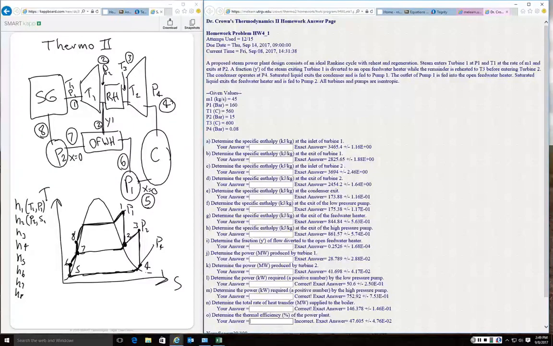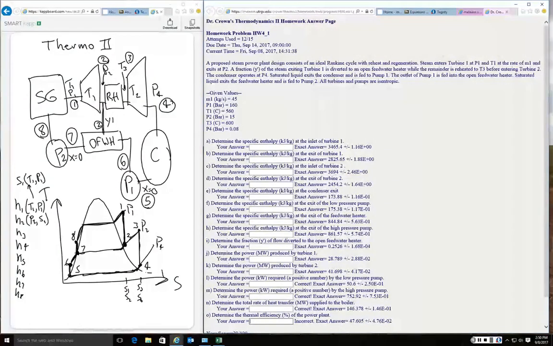Well, from T1, P1, I'll also look up S1 and find the specific entropy, and then S2 equals S1 because it's an isentropic process. Here, if we look at the TS diagram, we see that S1 and S2 are the same value, and S3 and S4 are the same value.